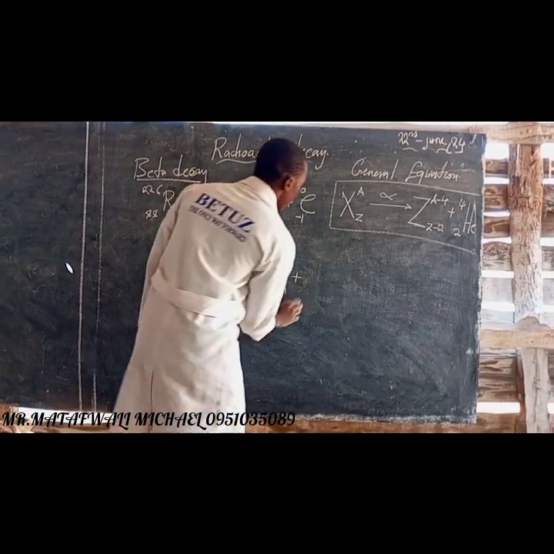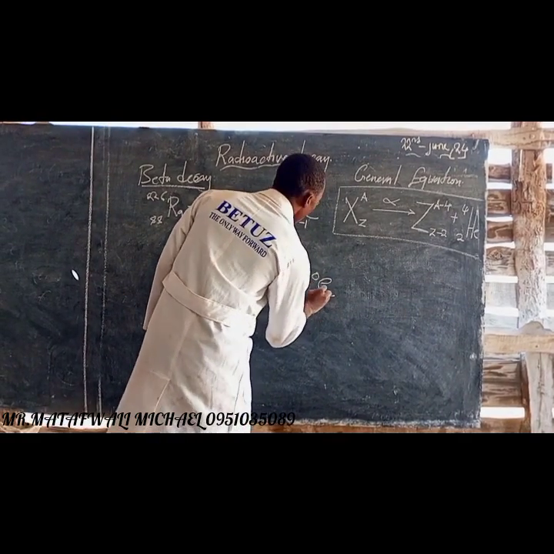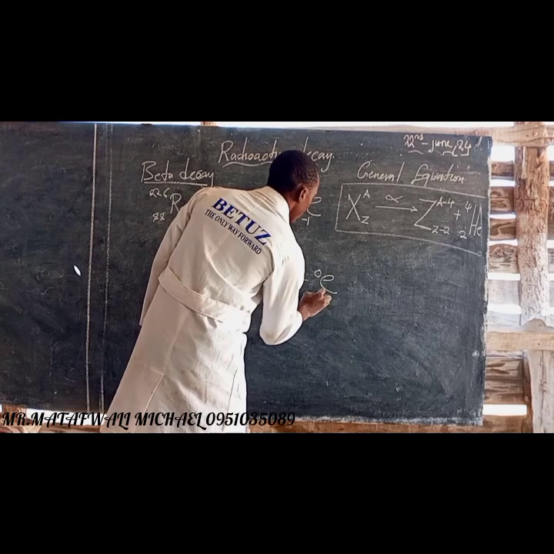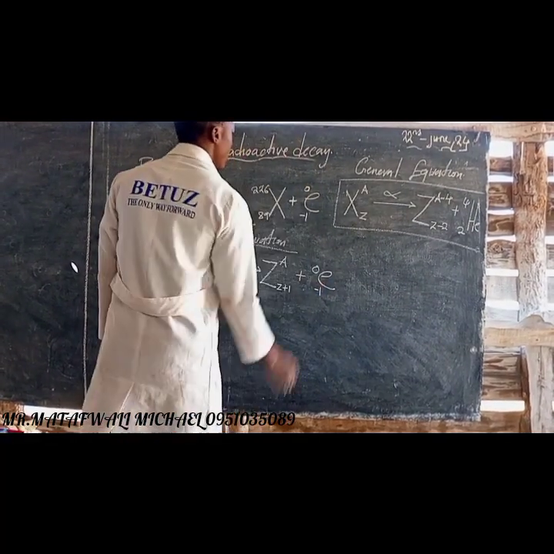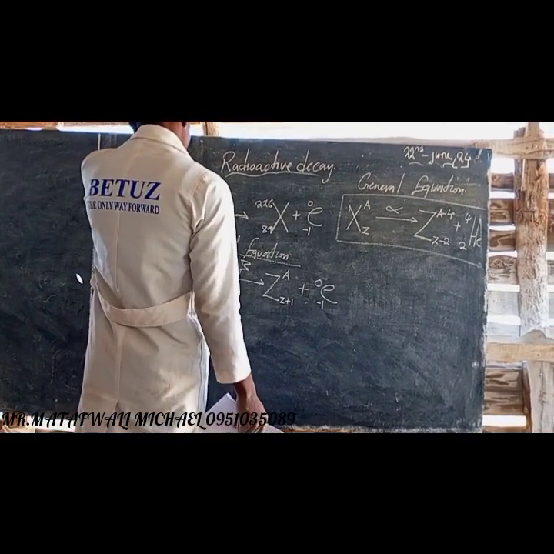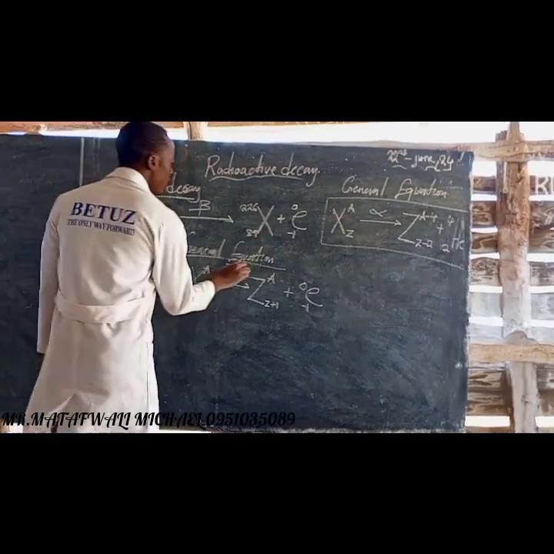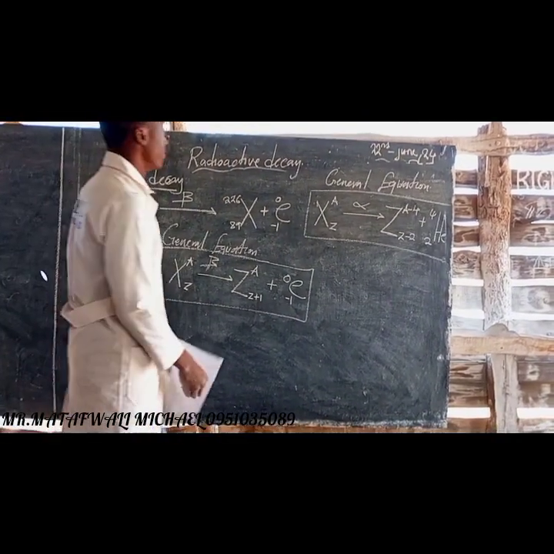Then conclude by writing the symbol for a beta particle, which has a mass number of 0 and a negative charge. So this is the general equation for beta decay.